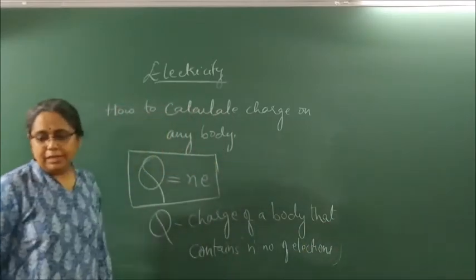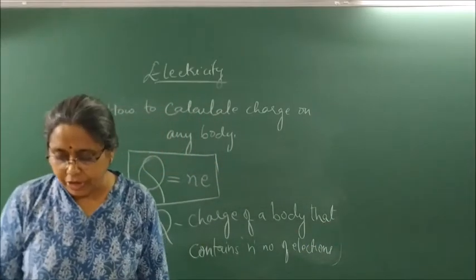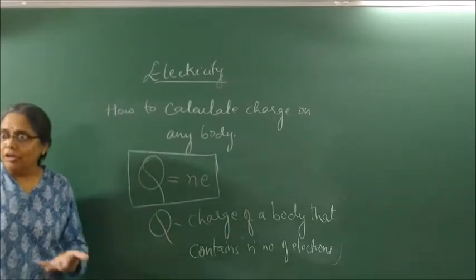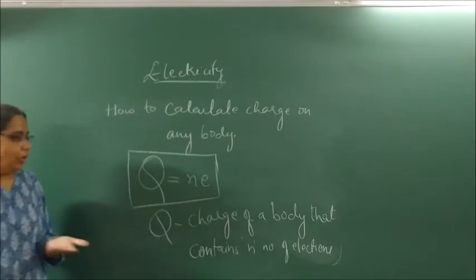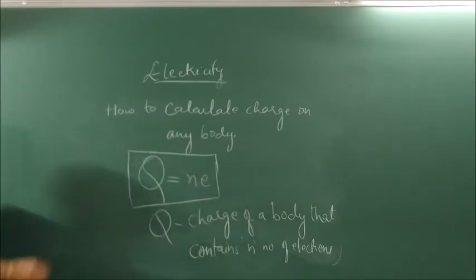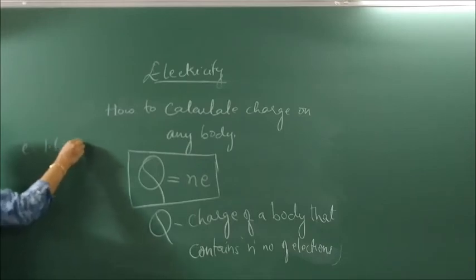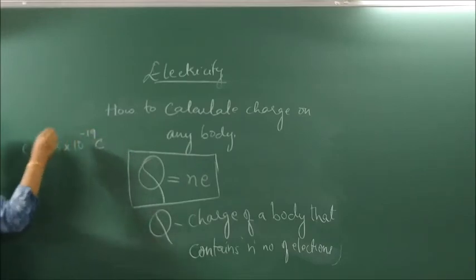Okay, and last year you studied what is the charge of an electron? Electrons are negatively charged. What is the charge on an electron? The charge on an electron is 1.6 into 10 to the power of minus 19 coulombs.